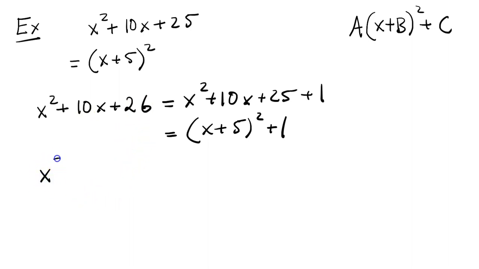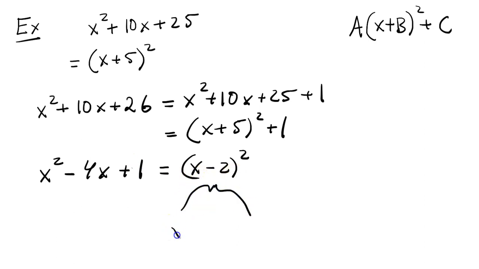Let's take quickly one more example. Let's take if I have x squared minus 4x plus 1. How would we do that? Yeah, if we would have 4 here instead, it would be simple. It would be x minus 2 squared. This will be the same. But now we don't have 4 here. We had 1. So if we write this out here now, this will be x squared minus 4x plus 2 squared, 4.